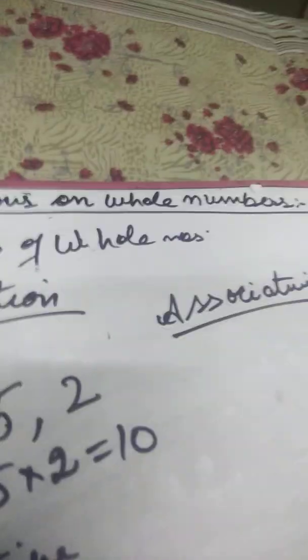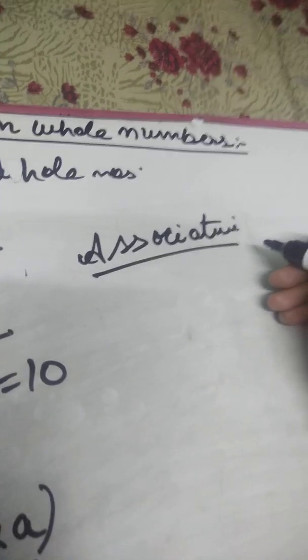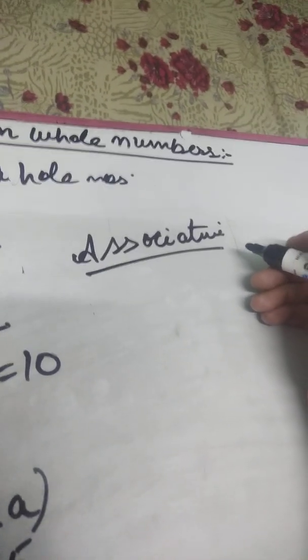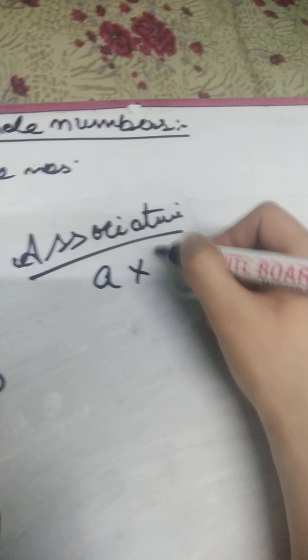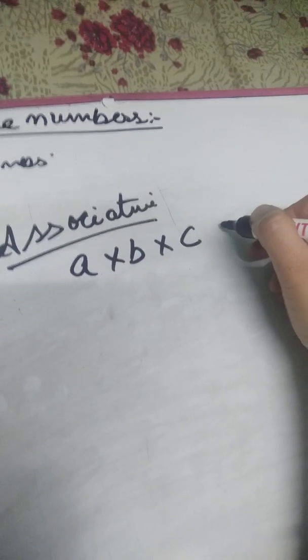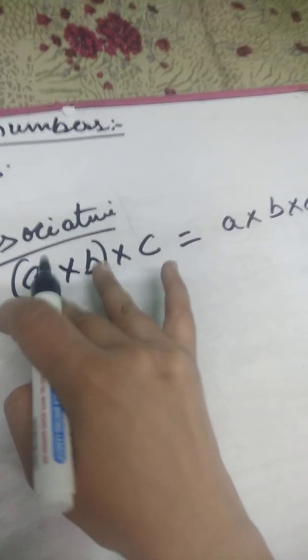If A, B and C are any whole numbers, then A into B into C is equal to A into B into C, and you just see here we are putting in the bracket. The bracket means I will be solving these two first. And here I put the last two in the bracket.